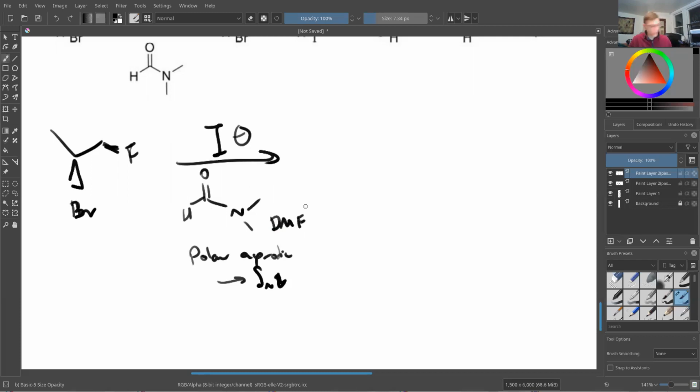So you might see either of these two show up, but in a case where nobody remembers what it is, which is reasonable because it's not often that you see the structure of a thing like this, going through a process like that is helpful, which is saying, does it have protons that can easily come off? And is it polar? Generally, all of the solvents that we're going to work with are polar.